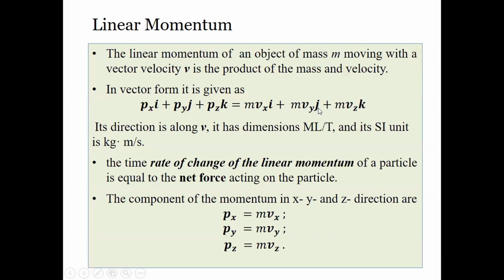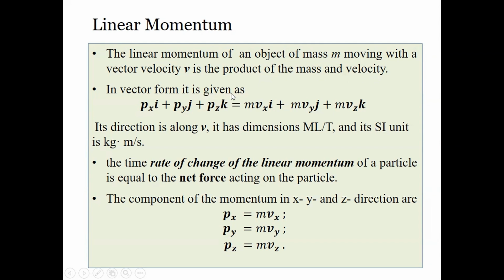Let's come back to the linear momentum again and refresh that the linear momentum of an object of mass m moving with a vector velocity v is basically the product of mass, the scalar quantity, and the velocity, a vector quantity.